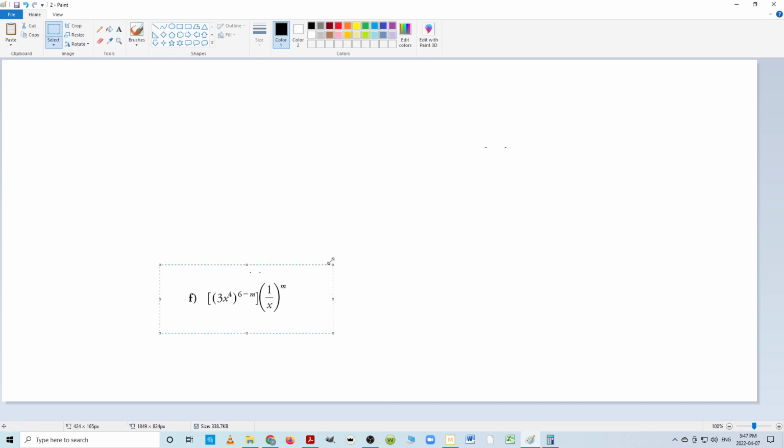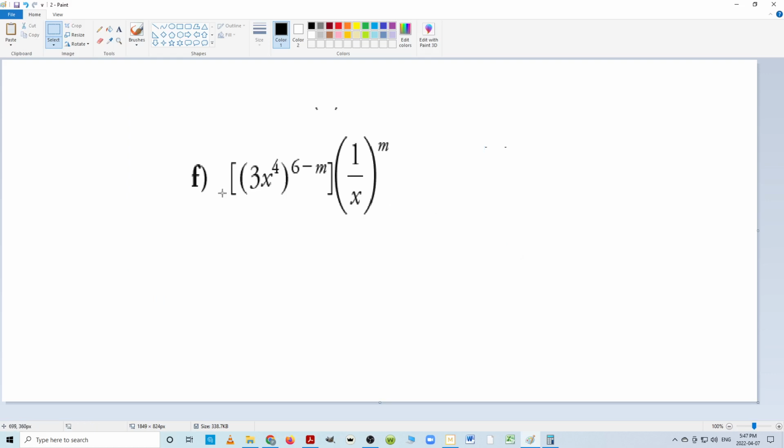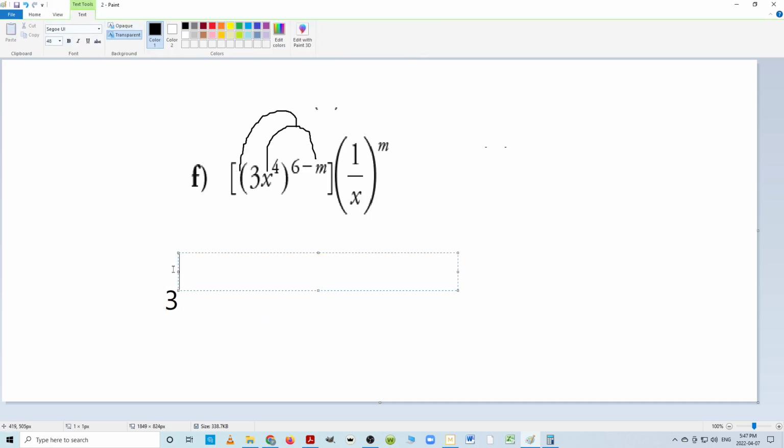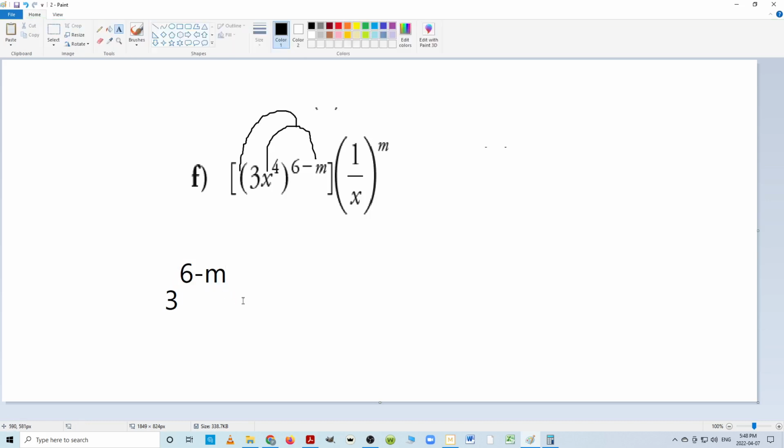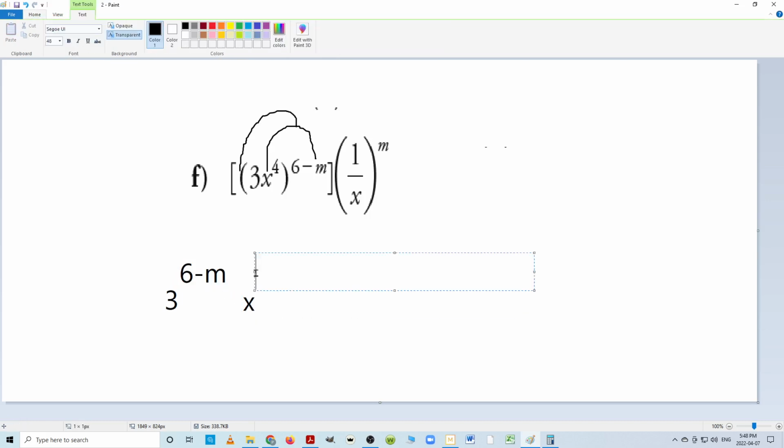And this, you have to study your brackets carefully, so you can see that this bracket must be done first. And also be aware that this 6 minus 2m applies to that item and that item. So really, we get a 3 to the 6 minus m, and an x to the 4. What's 4 times 6? 24.